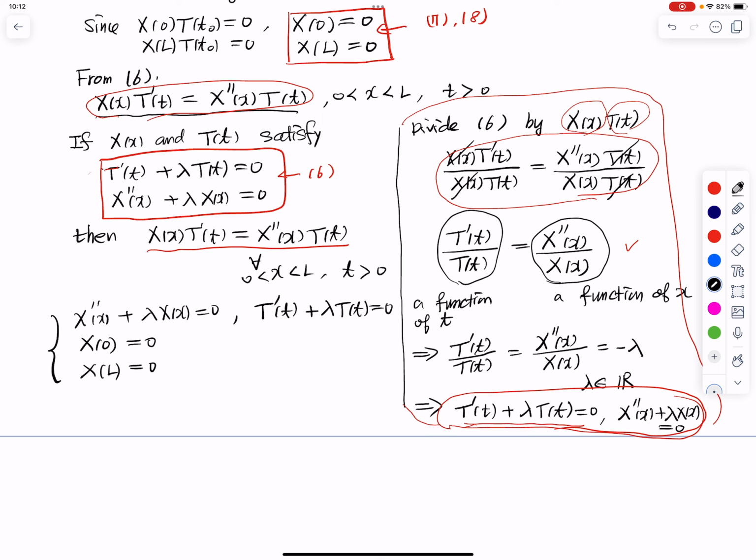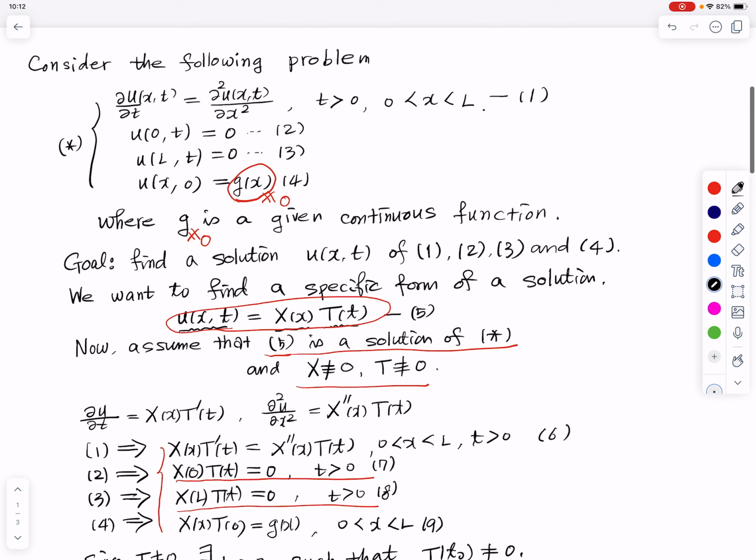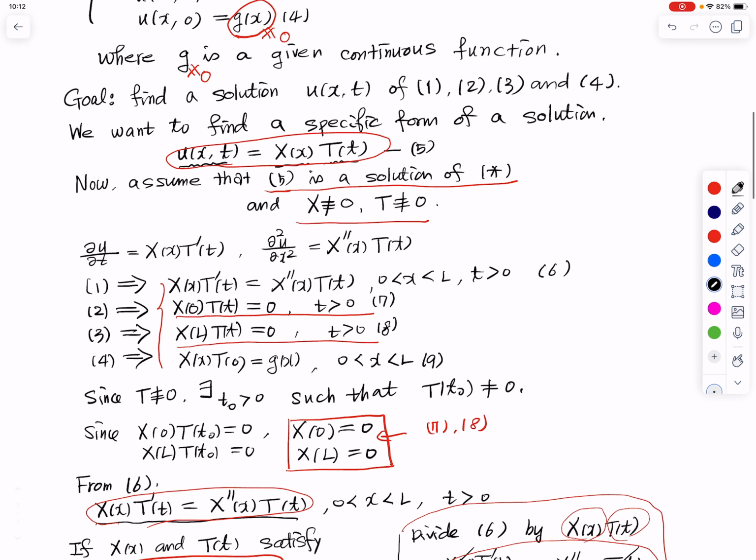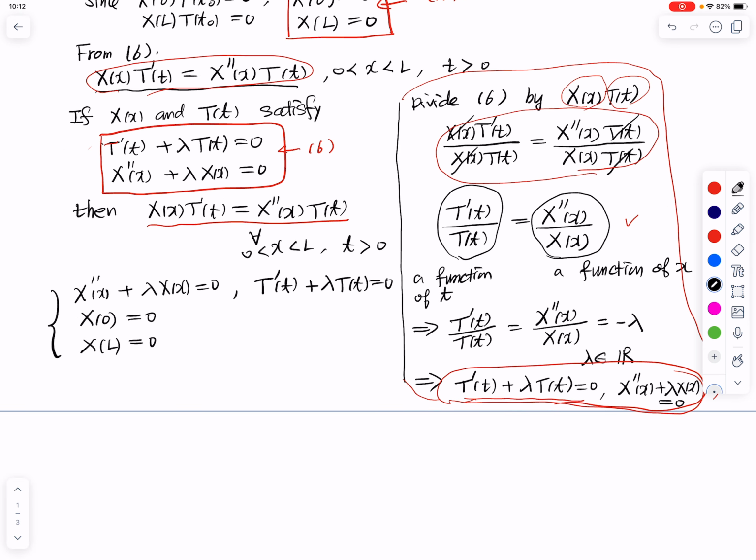So we have these three equations, which are obtained from equations 1, 2, 3.